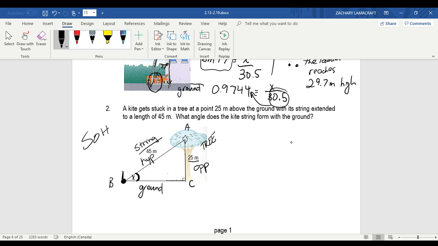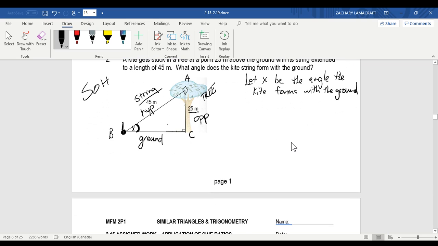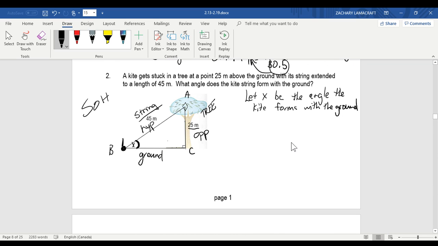And when we do this, we now will have let x be the angle the kite forms with the ground. Okay, that's our x. That's going to be our x in this equation.